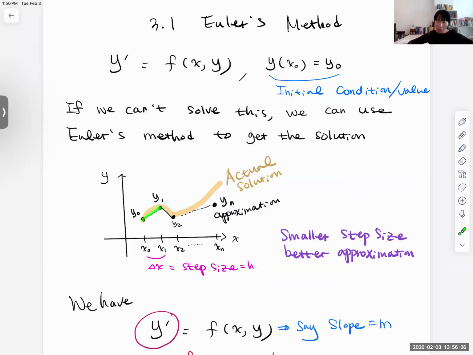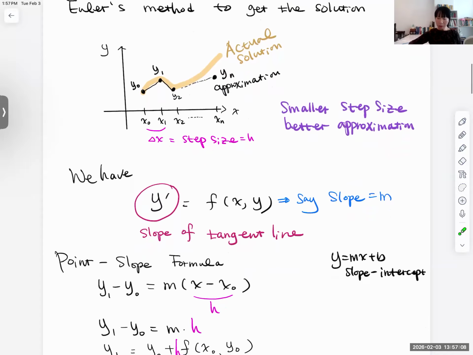Then the height will be the y value, so we have y naught, y sub 1, y sub 2, y sub 3, y sub 4, y sub 5, until y sub n. We do approximation, so if we have a smaller step size, we can have a better approximation.